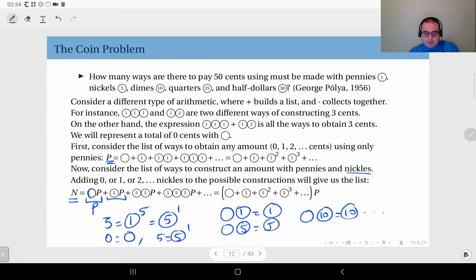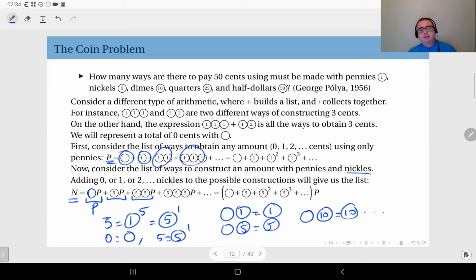So here, this will give me a 5, this will give me a 6, this will give me a 7, this will give me an 8, and so on. And this one, I'm adding 2 nickels. So this one will give me 10, this 11, this 12, this 13, and so on.